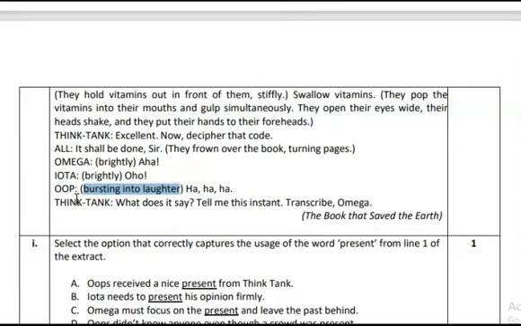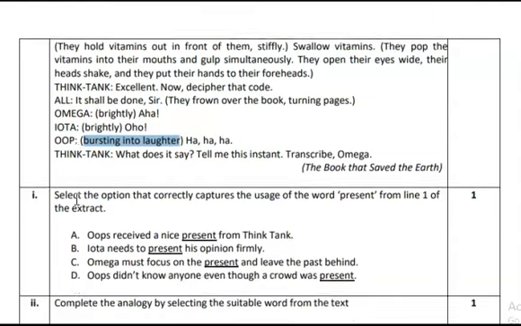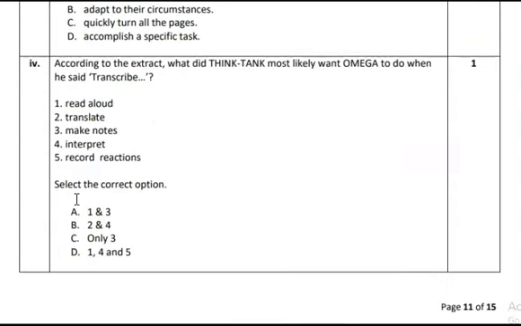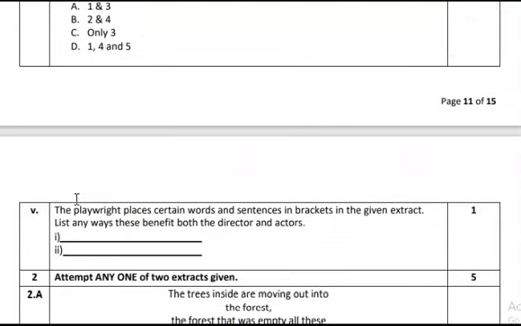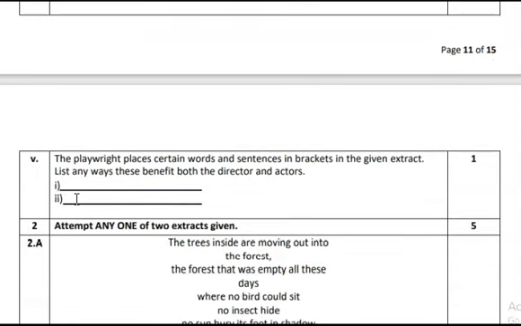The reason is that these words within brackets help the reader, actors, and directors to gain clarity and understand the emotions and feelings of the characters clearly. So you can say these 2 reasons.